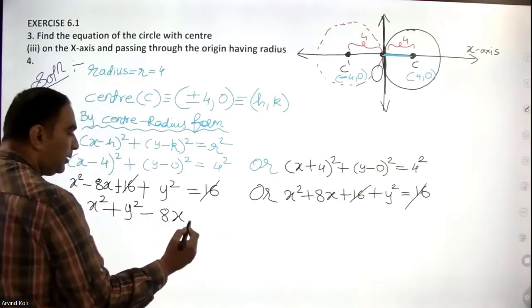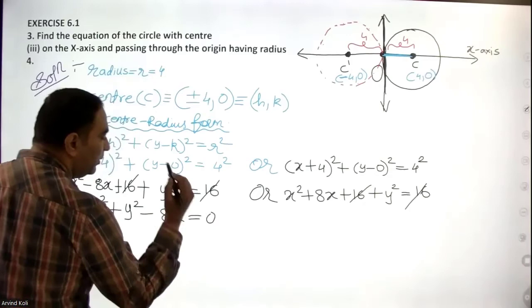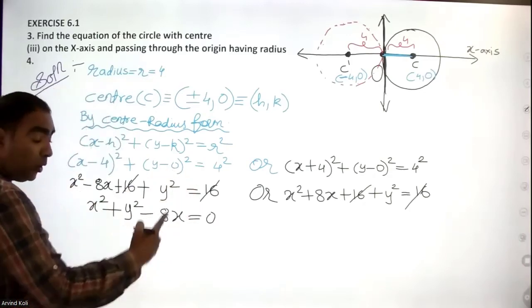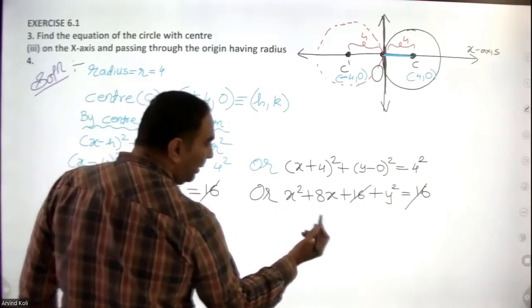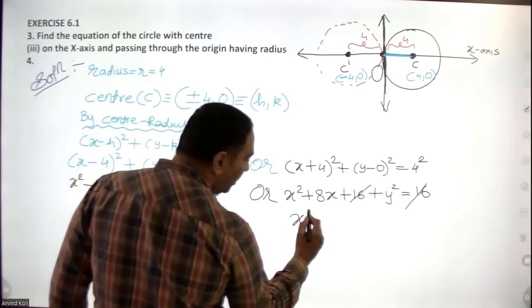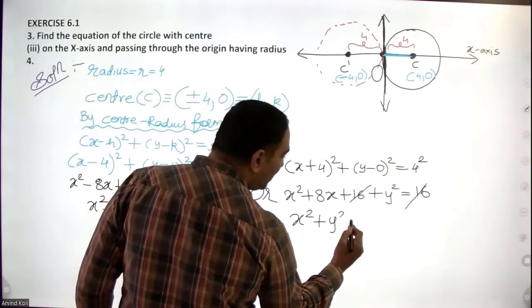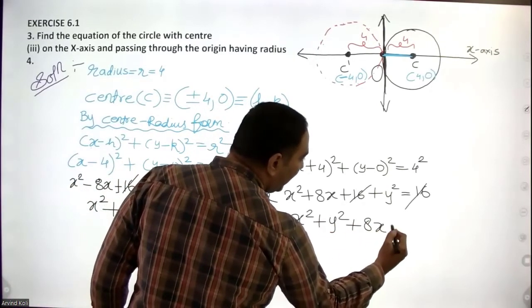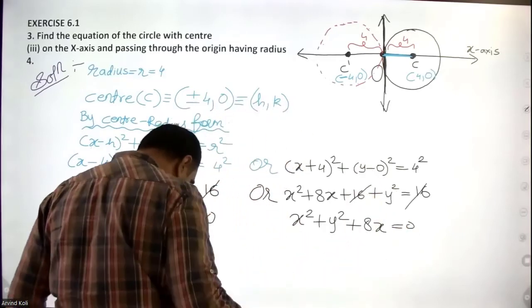That's it. Numbers are not there. Those got cancelled. यहाँ पे भी वैसे ही x square plus y square plus 8x is equals to 0.